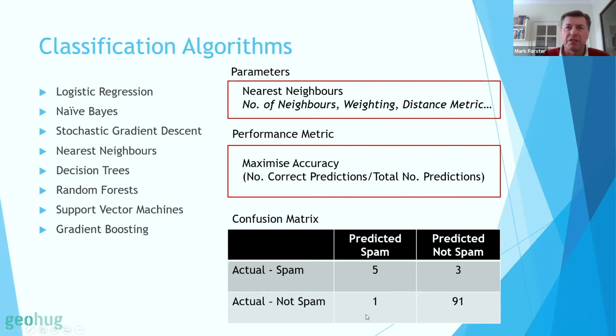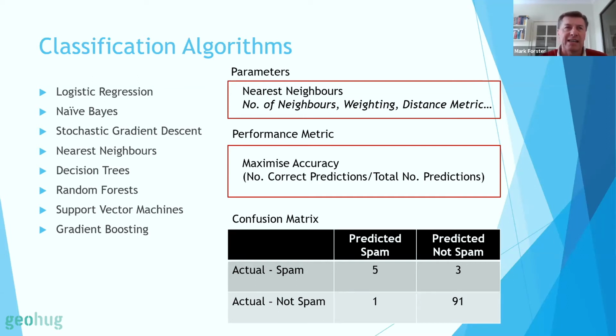For example, if you think about the spam problem, if you had an algorithm that always gave you the same answer every time, it just said it's not spam, then in this example below it would actually be correct 92% of the time. So accuracy is often not a good indicator.